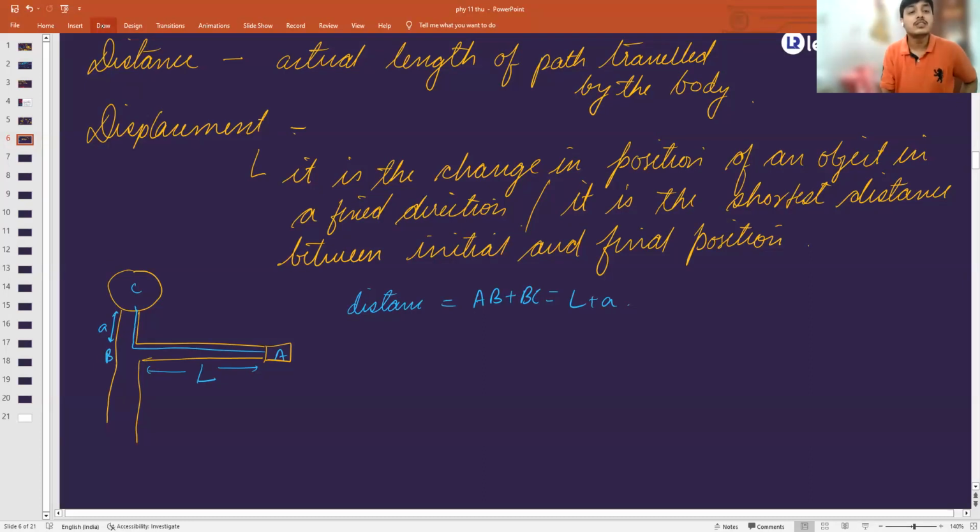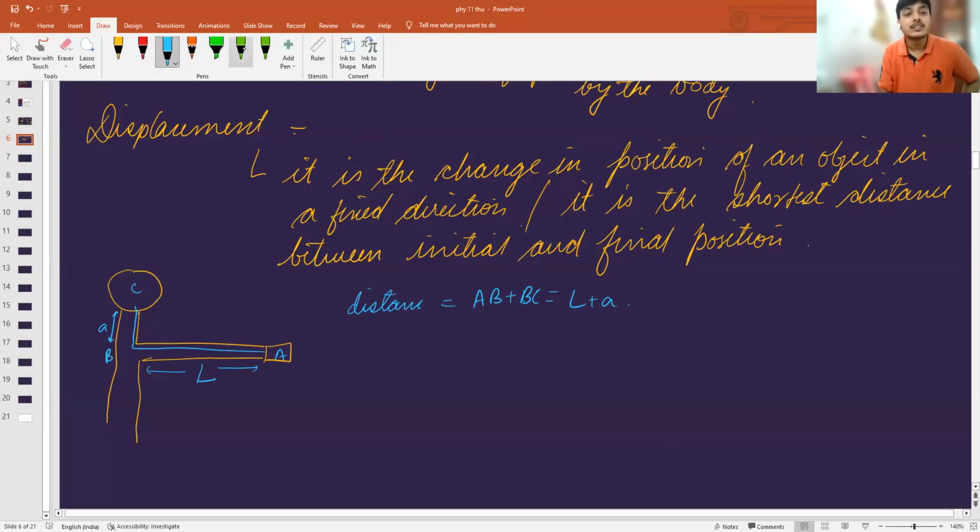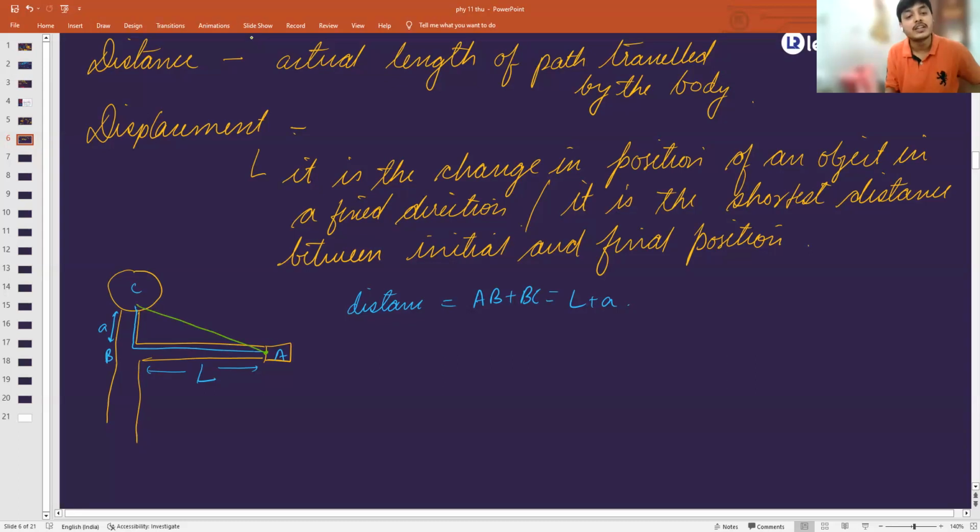Okay. And what does displacement signify? So this is the displacement there. Shortest distance between the initial and final point is the straight line between them. If you draw the straight line between the initial and final point, that is the shortest distance that you can get. So he can travel like this also. So displacement will be AC, and that is by Pythagoras under root L square plus A square.